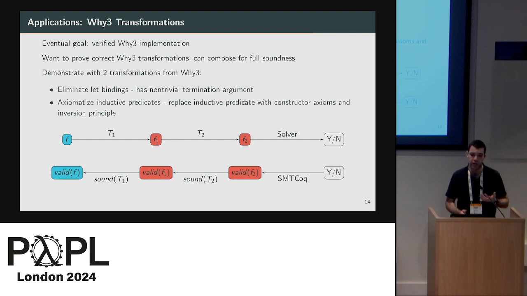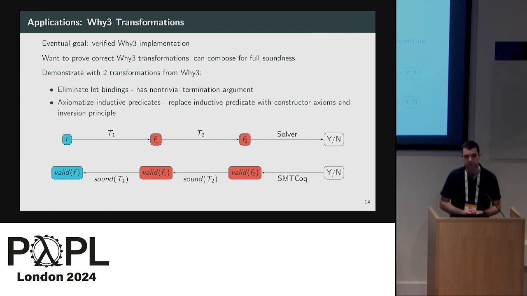And we wanted to show that our semantics would actually be useful for this purpose, in particular by taking two transformations from Why3 and proving them sound. So those two transformations are, first, the elimination of let bindings, which is a very simple transformation, and it's almost trivial to prove correct. However, it has quite an involved termination argument because it's not structurally recursive.